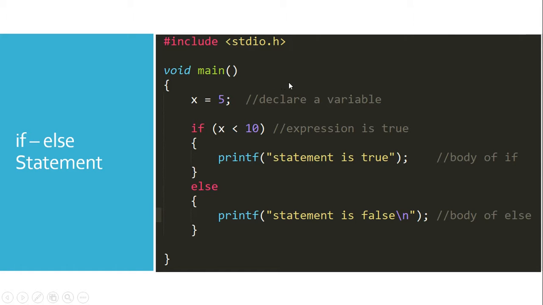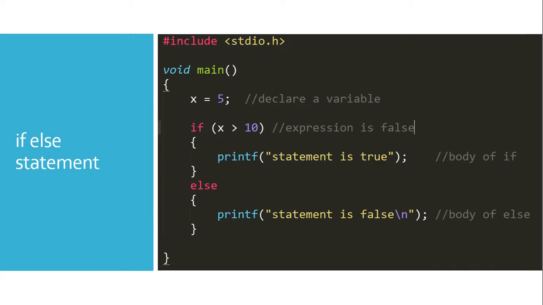This is an example of when the expression is true. So how does it look when the expression is false? Here we have x equal to 5. If x is greater than 10, the expression is false, so it will go straight to the else. The printf statement says false, okay?